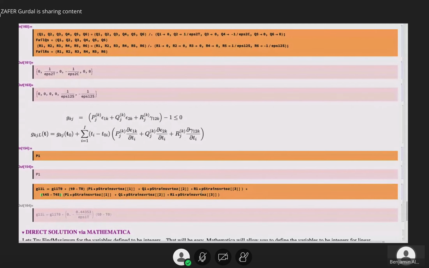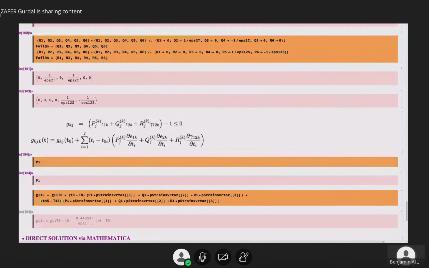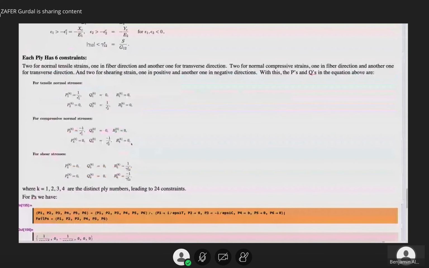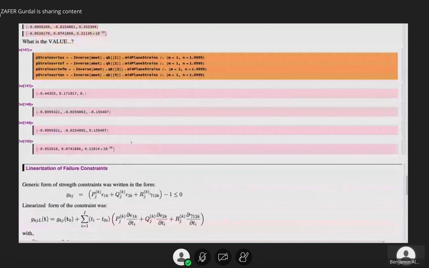P and Q and R. So it's still P1, Q1, R1. But this is not with respect to 0. This time the I is actually 2. That's the derivative with respect to 45. We called it with respect to F.